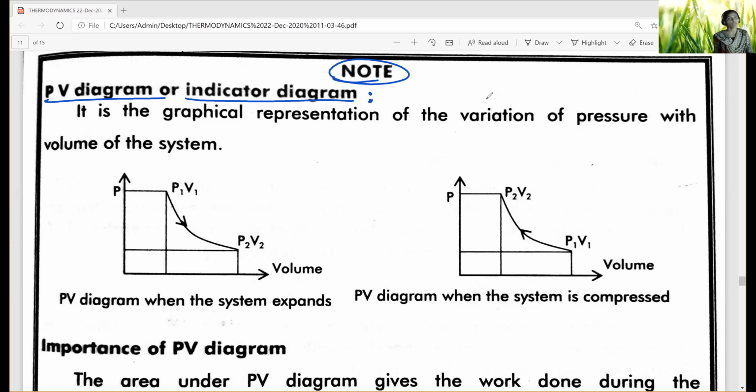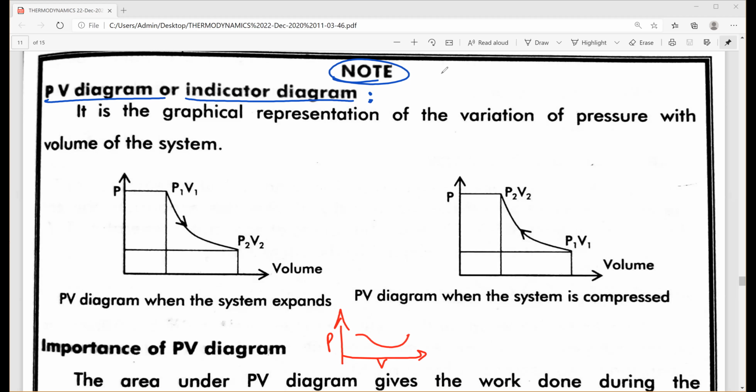The importance of PV diagram is that the area under the PV diagram gives the work done during a thermodynamic process. If you plot the graph of pressure versus volume, with pressure along the y-axis and volume along the x-axis, this represents area.